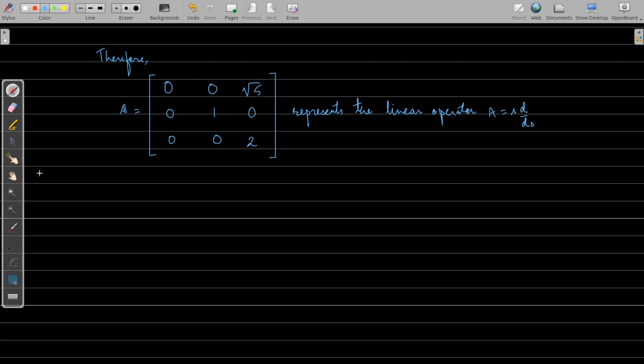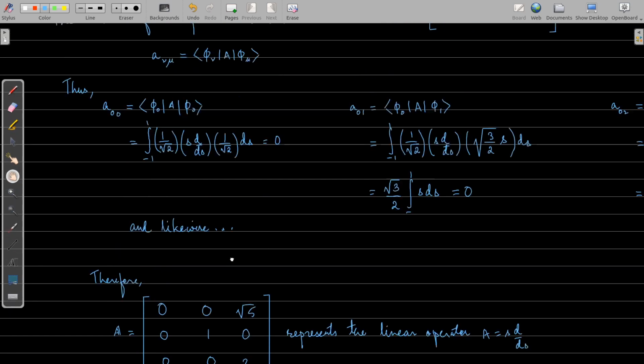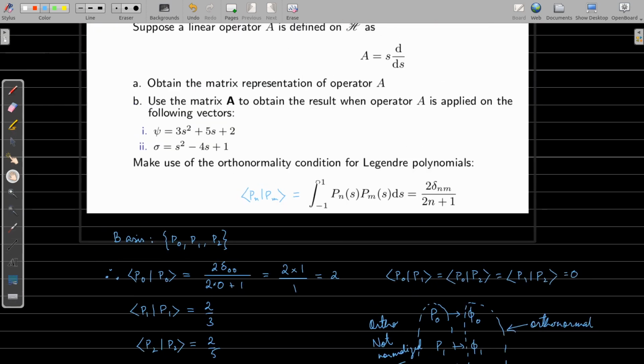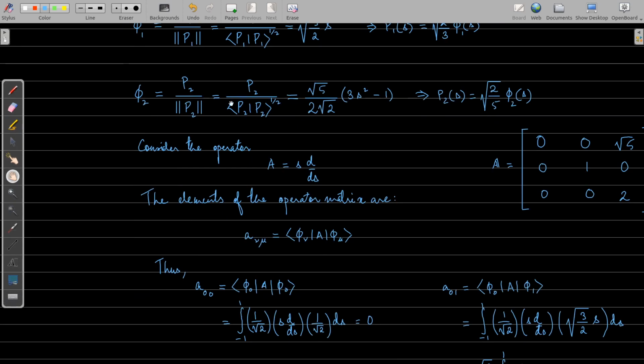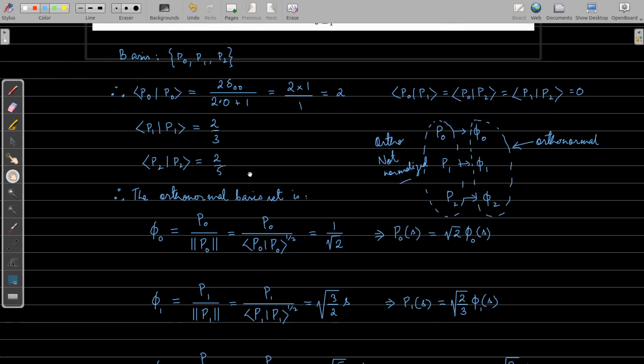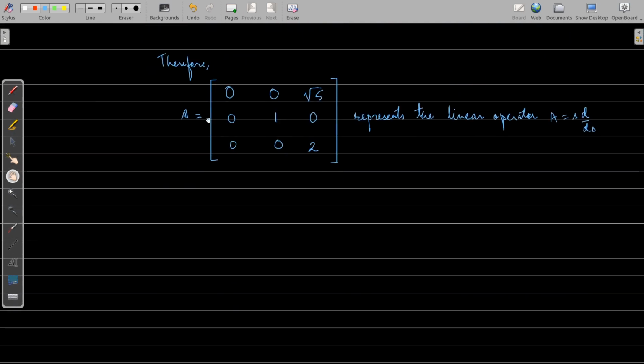Now let's go find out the problems that we have been asked to do. The first problem that we are asked to do is this one. We apply A on the psi, and what is psi? 3s square plus 5s plus 2. Okay, so now let's do this part.